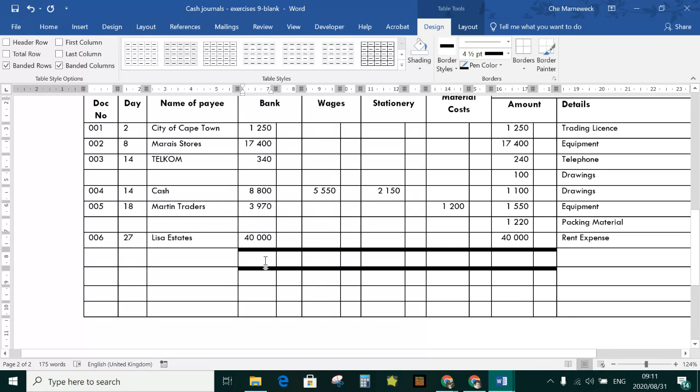So 1,250 plus 17,400 plus 340 plus 8,800 plus 3,970 plus 40,000, and you should get an amount of 71,760.